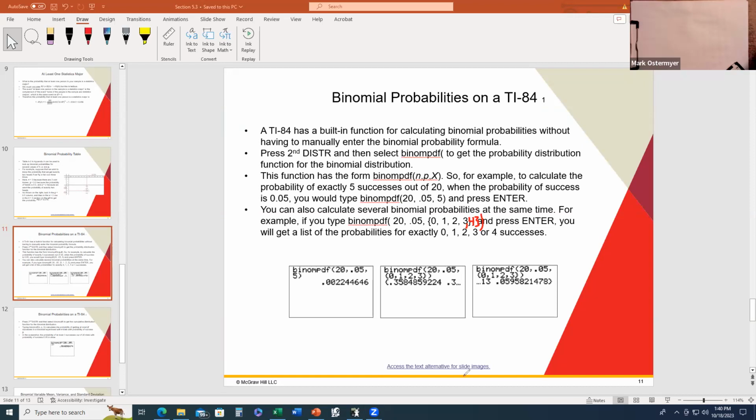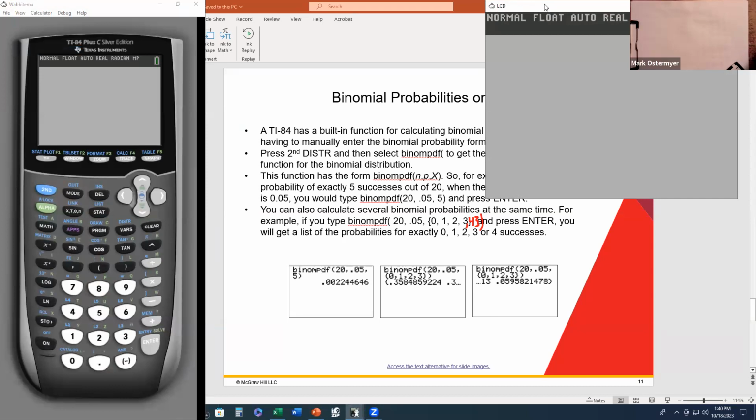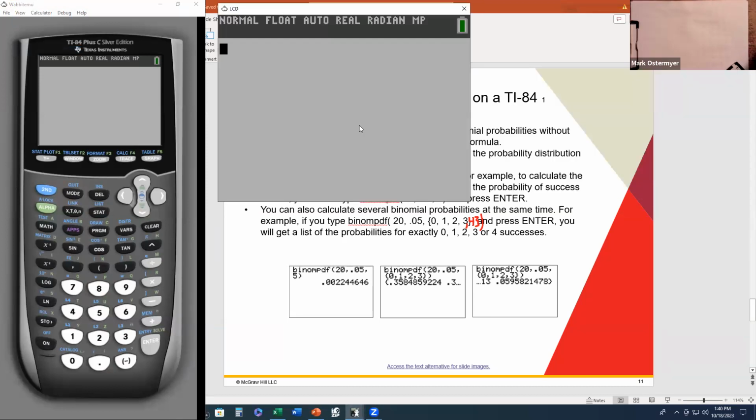Okay. I'm going to try something on the calculator. Let's try something radical. If we get in trouble, no big deal. We'll just clear the screen. Watch this. Suppose I have a binomial experiment where I'm going to conduct 20 trials, and the probability of a success in any given trial is 5%.